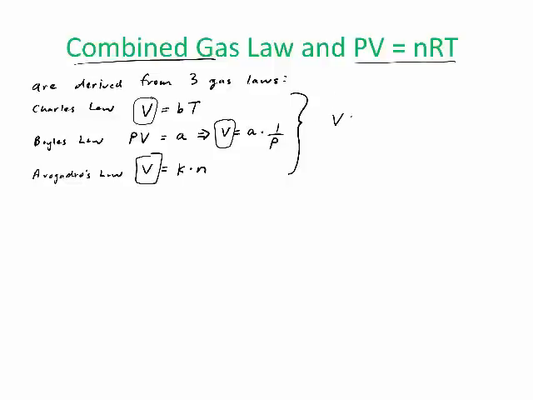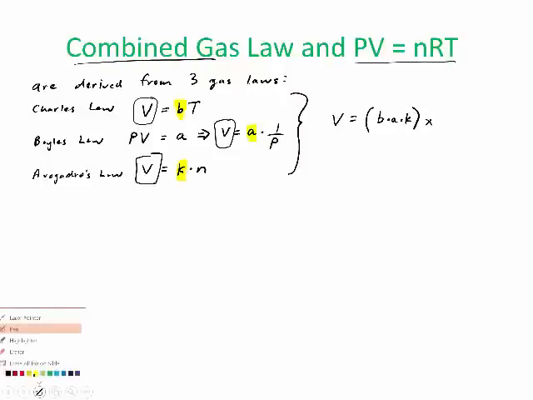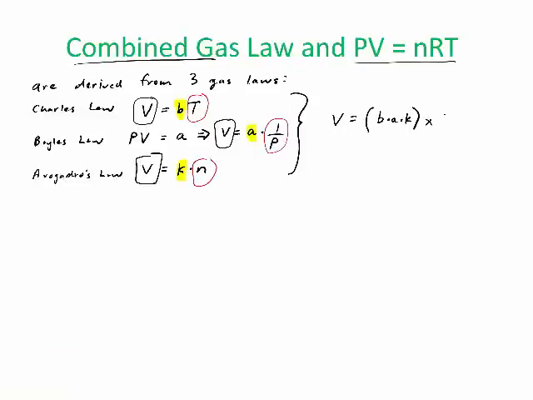I get the volume is equal to, if I take all of the constants, B times A times K, times, if I combine all of these terms, T times n over P.